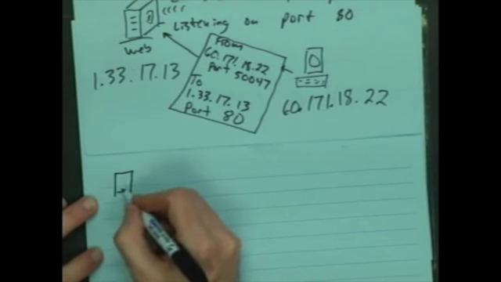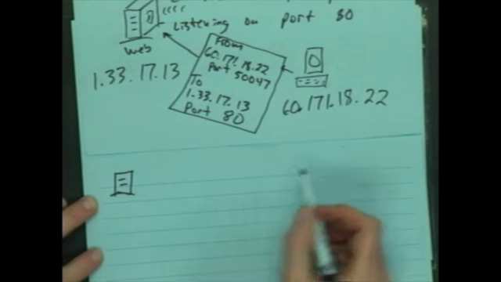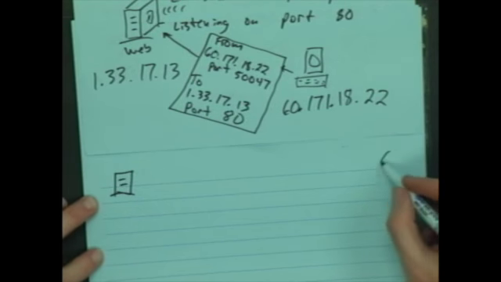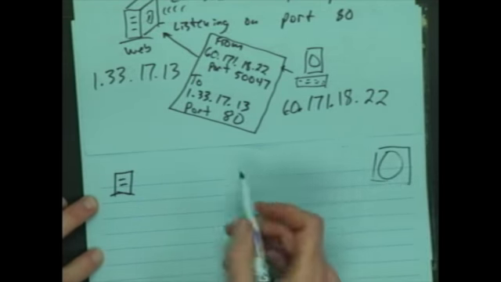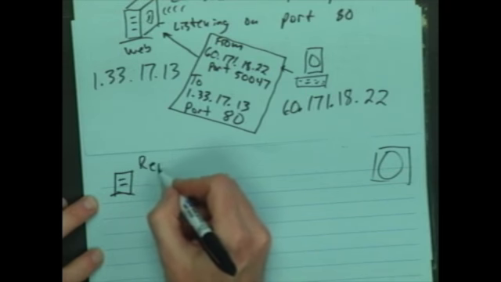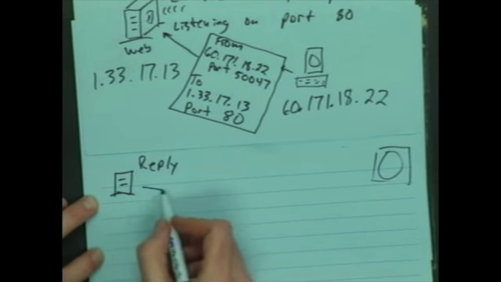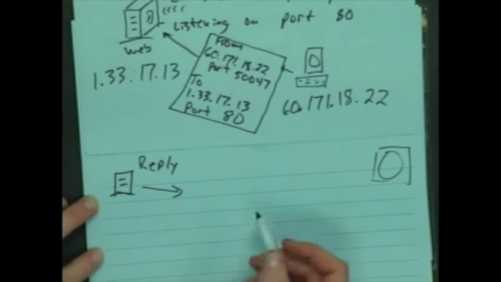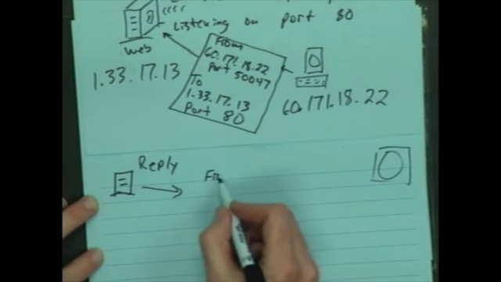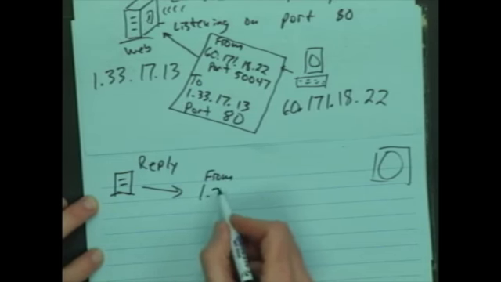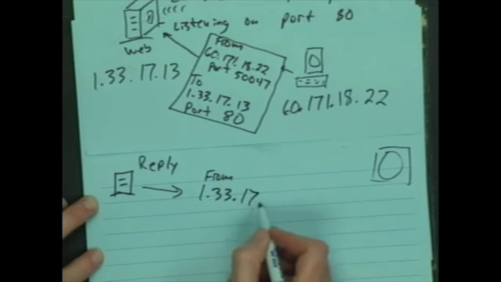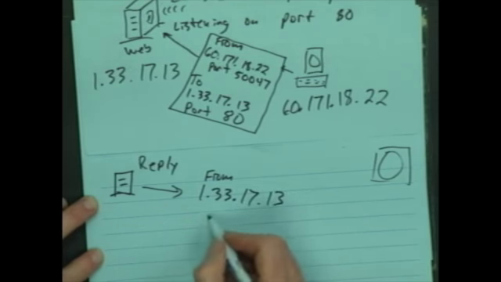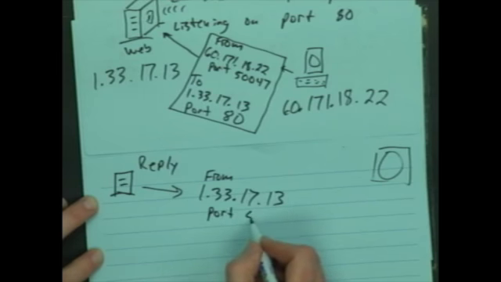So I've got the server here, and we're going to use the same IP addresses, but I'm not going to write them out, sorry. And we're going back. So this is the reply. The server sends back the web page I asked for. Now it is from the server, 1.33.17.13, on port number 80.